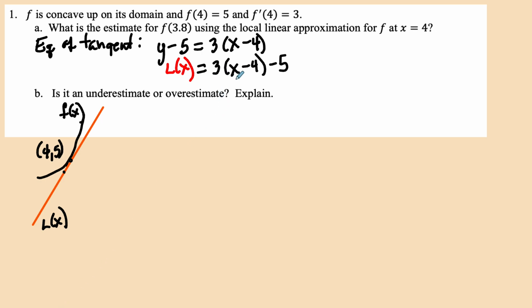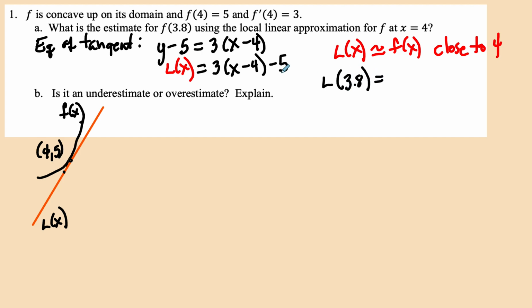So I have the equation of the line, and I know that the linearization, the line, is approximately the function when it's close to 4. As long as it's close to 4, this is a pretty good approximation. So I'll do the linearization at the number 3.8. 3.8 is definitely close to 4.